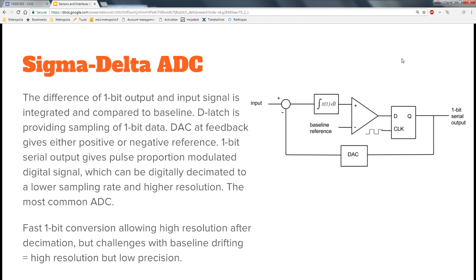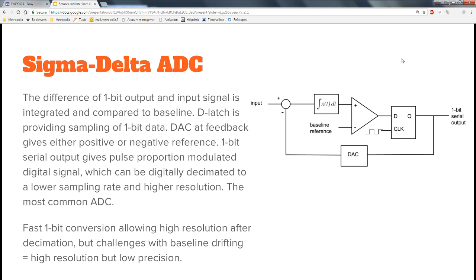So fundamentally, the 1-bit serial output is a pulse proportion modulated digital signal. So pulse PPM modulation or PP modulation. That's supposed to be in some of the courses on networking. Anyhow, then this is decimation.